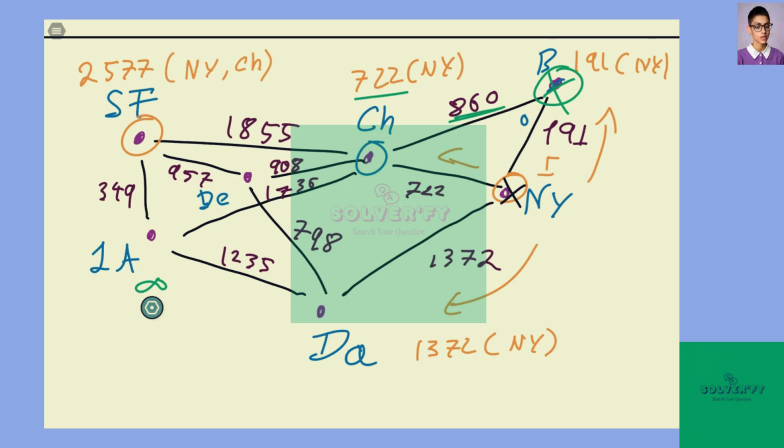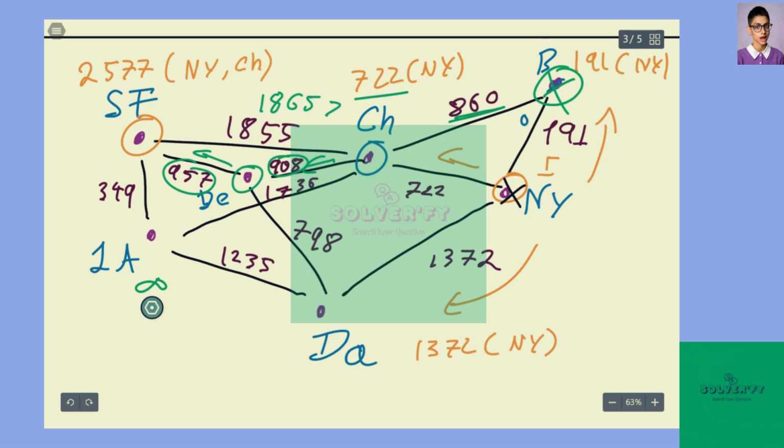What other options do we have? We can go from Chicago to Denver, and then we reach San Francisco. I'm going to do it this way just to show what happens if we choose that path. And the sum of these two distances here, 908 and 957, is 1,865.